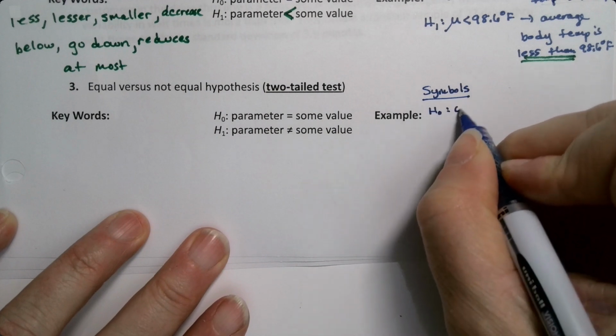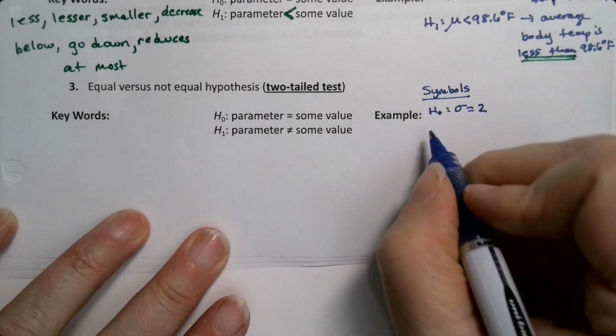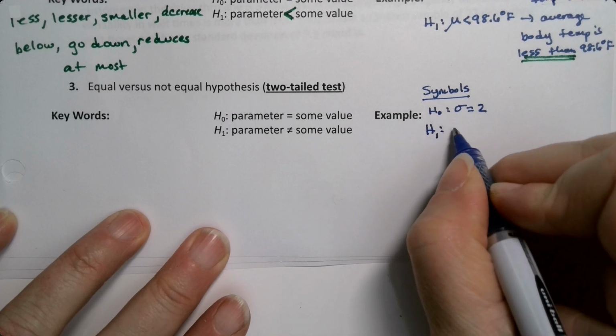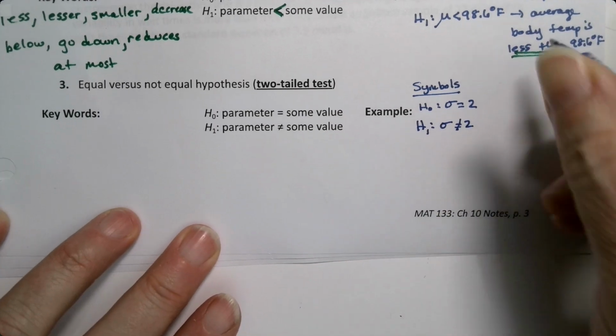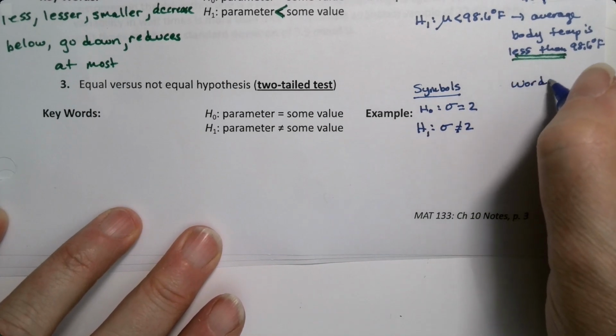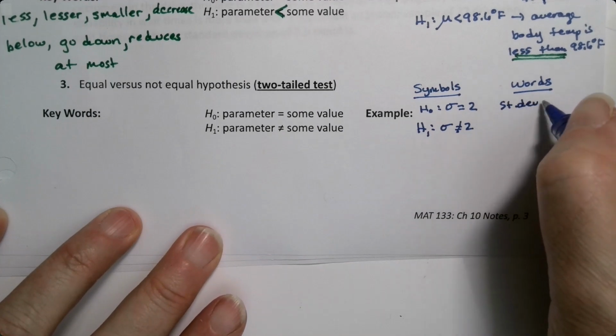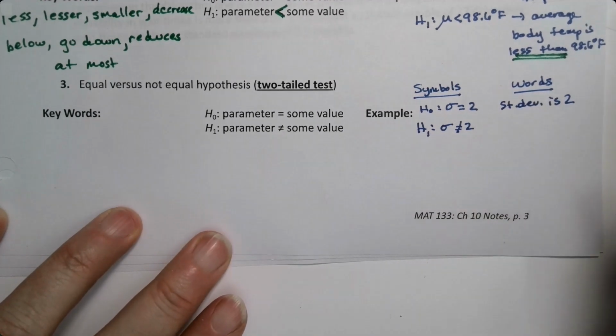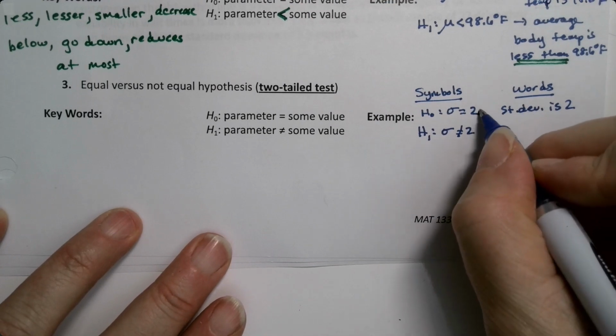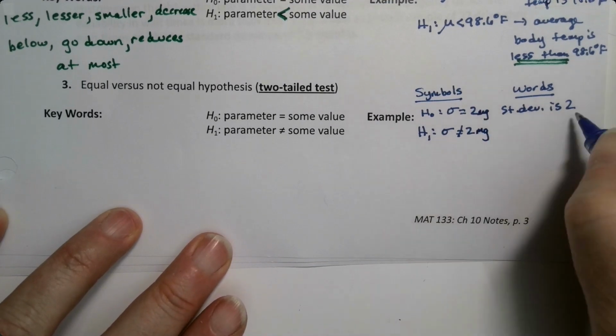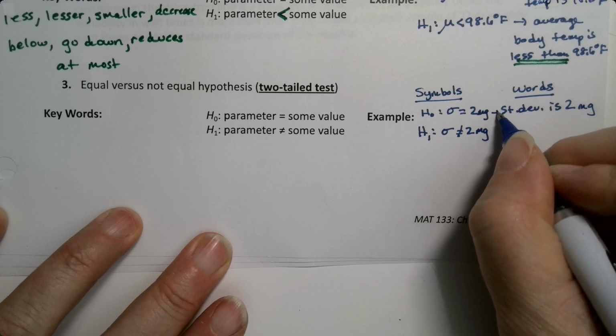What if sigma equals 2 versus the alternative, sigma is not equal to 2? In words, I don't have a context for this one, so it'd be that the standard deviation is 2. I could give it units, let me give it mg, just for fun. 2 mg. That would be the words.